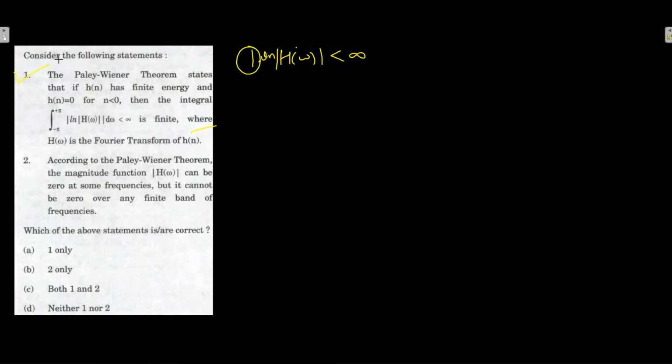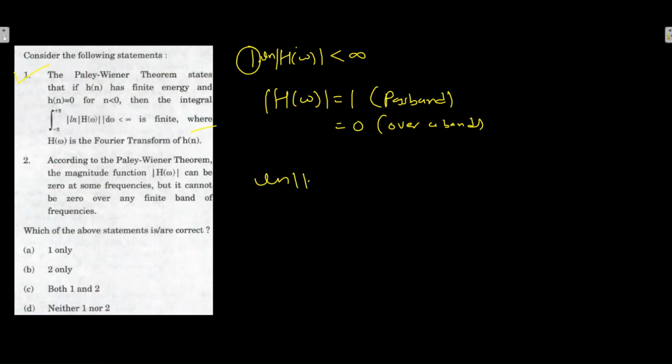So this is the true statement about the Paley-Wiener theorem. If my frequency response follows the first condition, then yes, we are on the way to making our system causal. Second, according to the Paley-Wiener theorem, the magnitude function H of omega can be 0 at some frequencies, but it cannot be 0 over a finite band of frequencies. Now see, for the majority of filters, the magnitude of the frequency response is 1 in the pass band and 0 in the stop band. If I take the logarithm of H of omega, then I will get minus infinity.